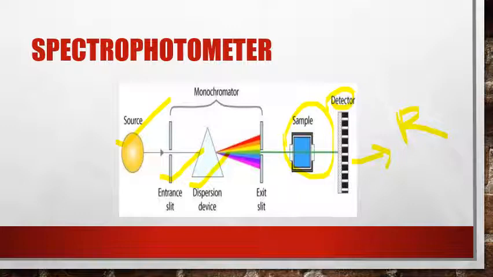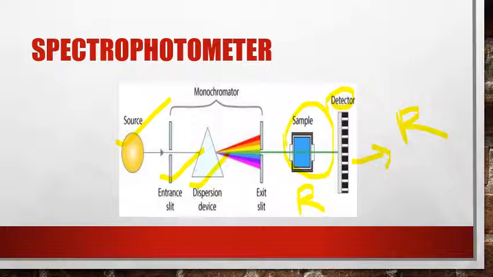And this is how all the parts are attached. The source, then we have a monochromator having three components: entrance slit, dispersion device, and the exit slit. Then we have the sample attached. Somewhere we have the reference. At the same time we have the reference holder also with your sample, which gives more accurate information.